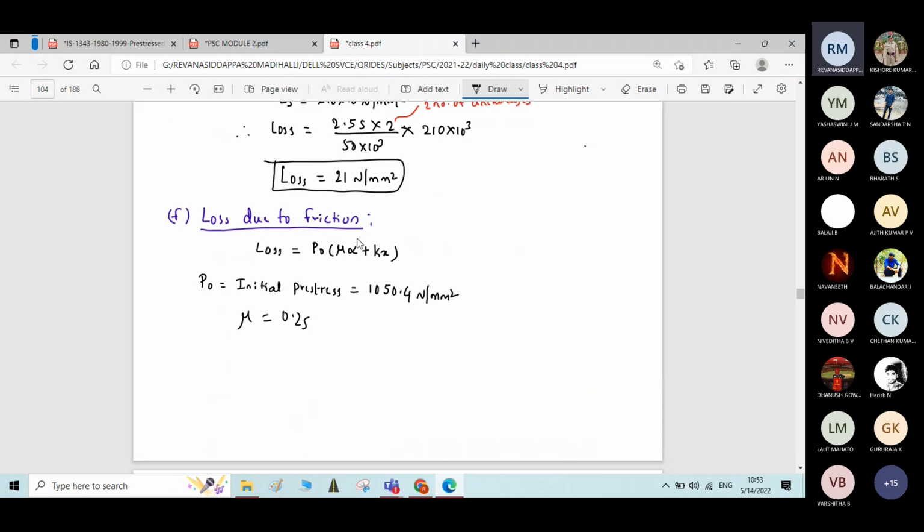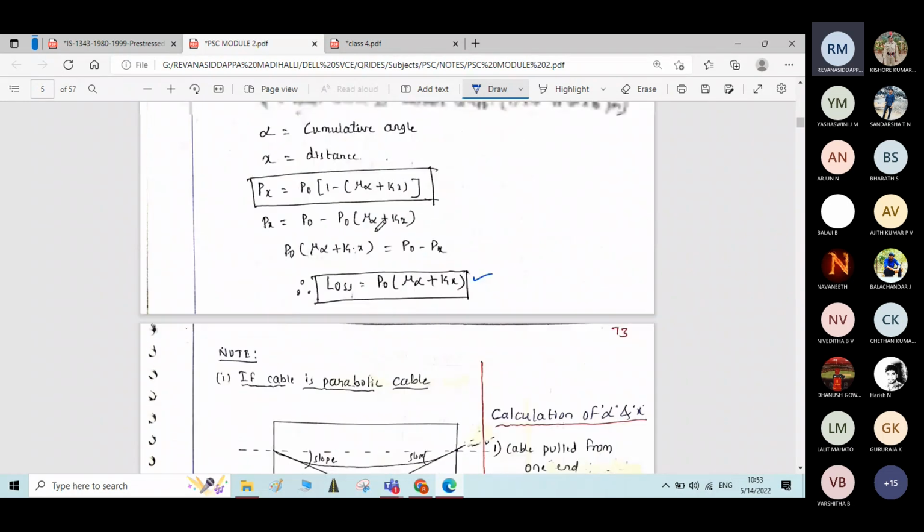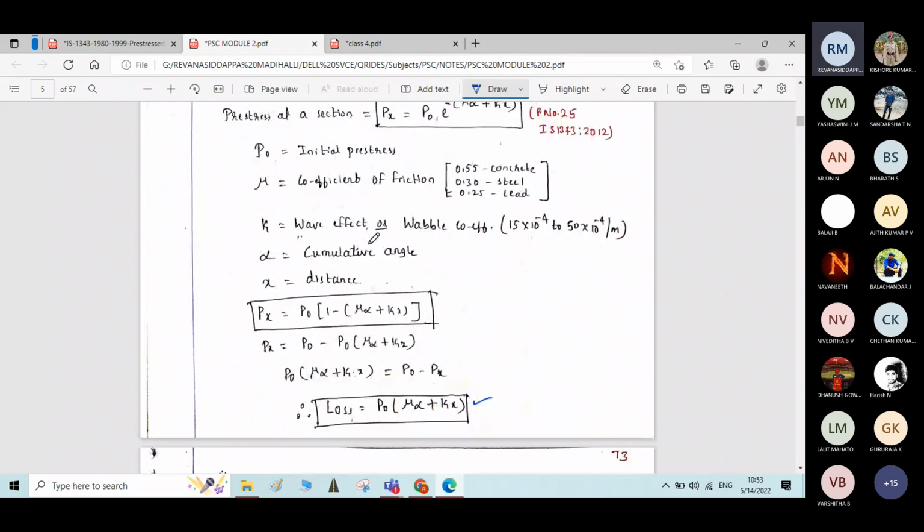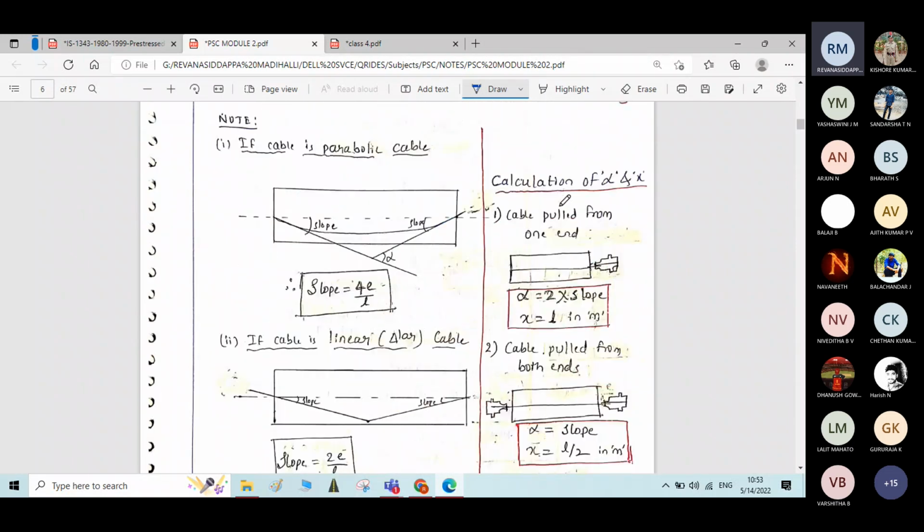Then what do we need? We need the value of alpha, where alpha is the cumulative angle which is calculated as per this note. Please listen carefully.